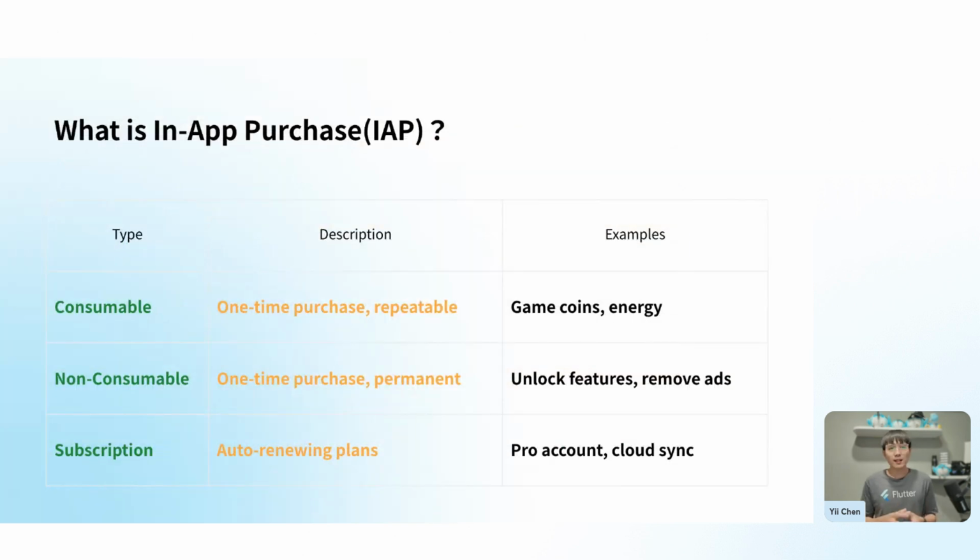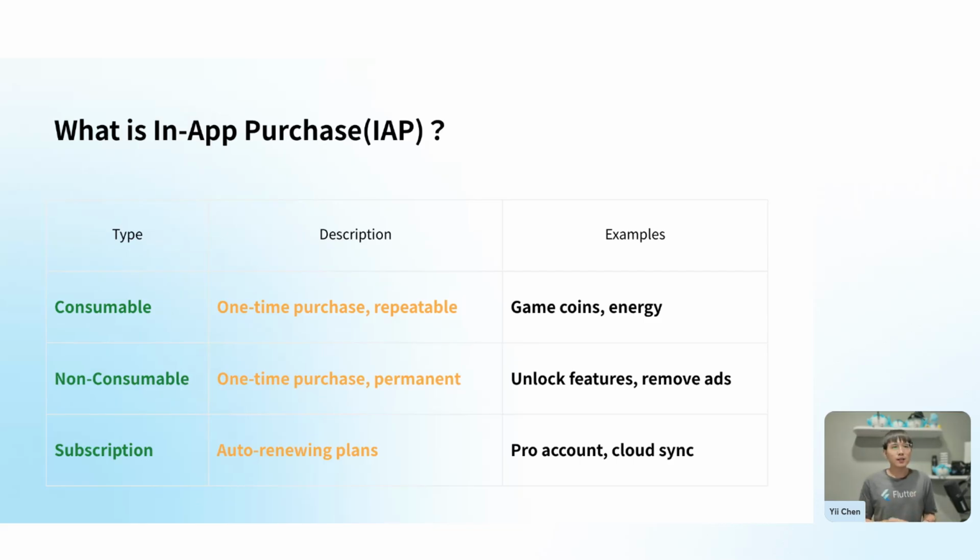So what exactly is IAP, in-app purchase? IAP refers to purchase of digital items directly within your app. And there are three main types, each suited for different user needs and product experiences. First, we have consumables.